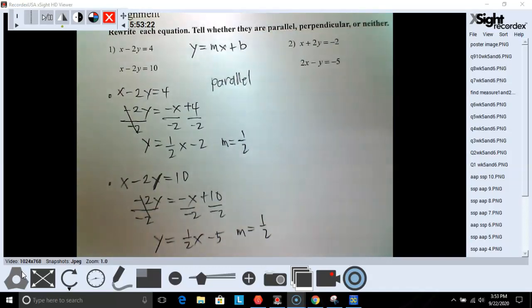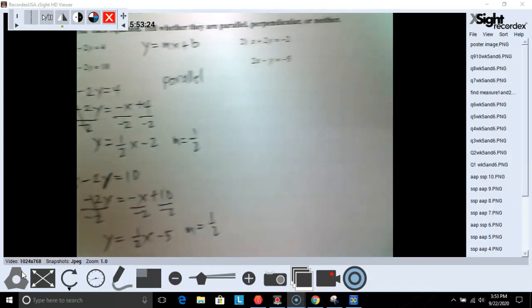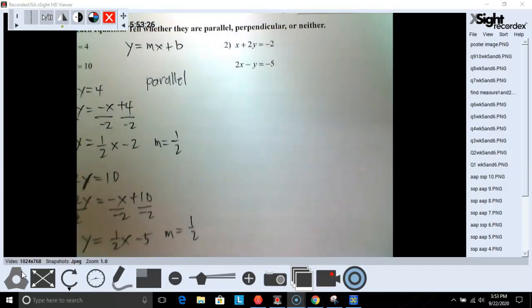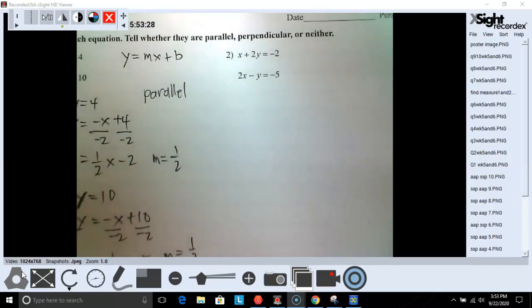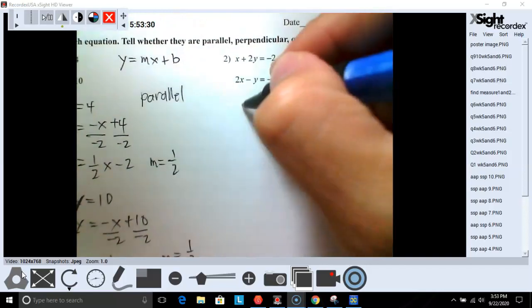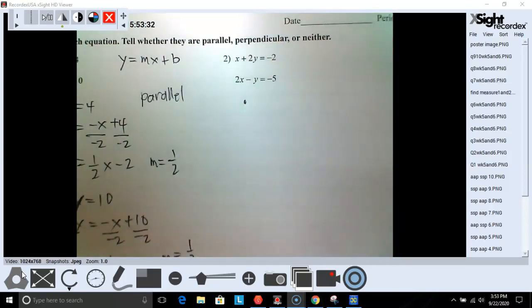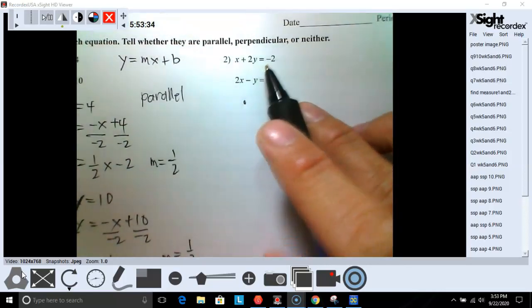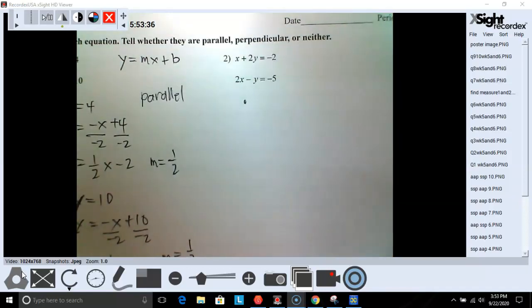Number two, let's see what we have in here. The same process: we're going to change this to y-intercept form, y is equal to mx plus b.